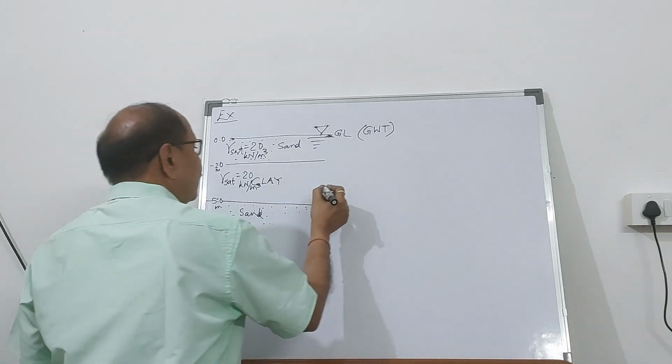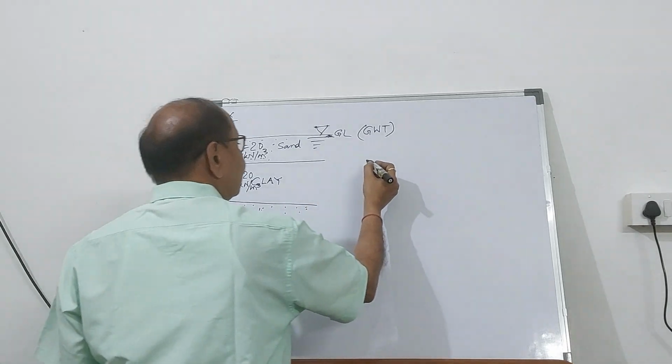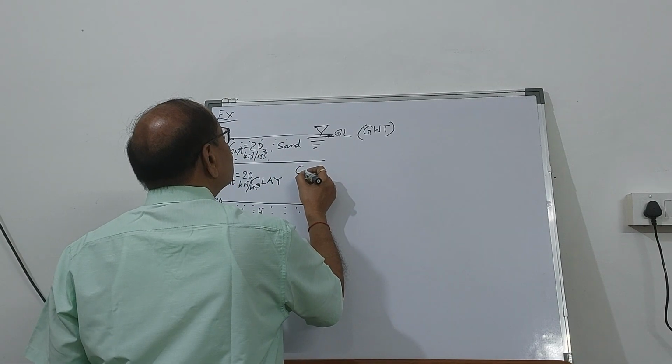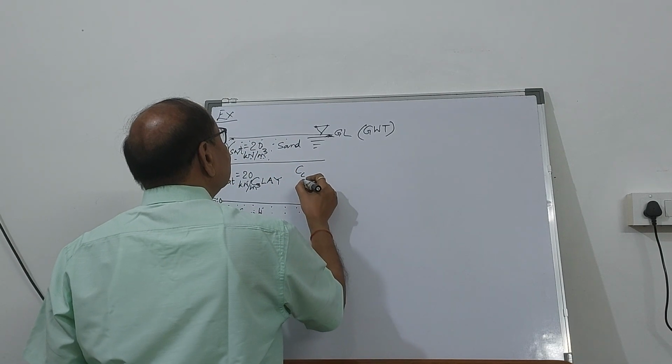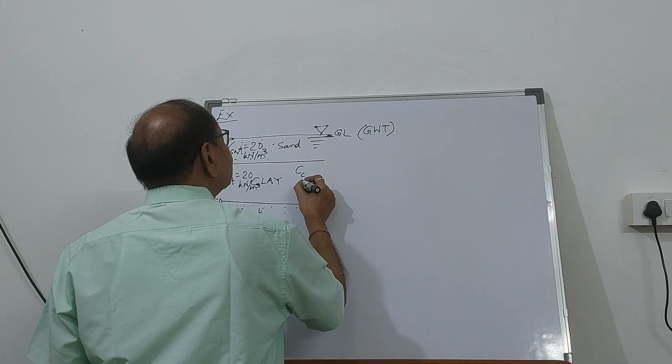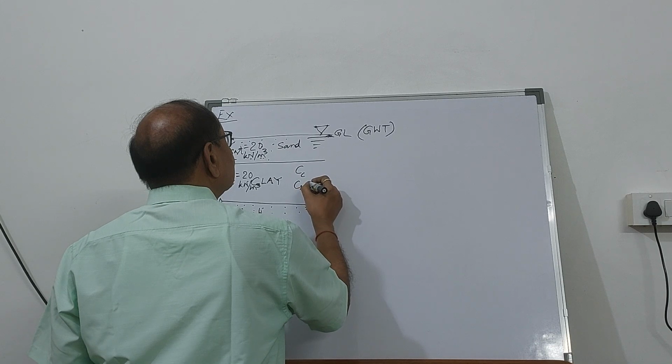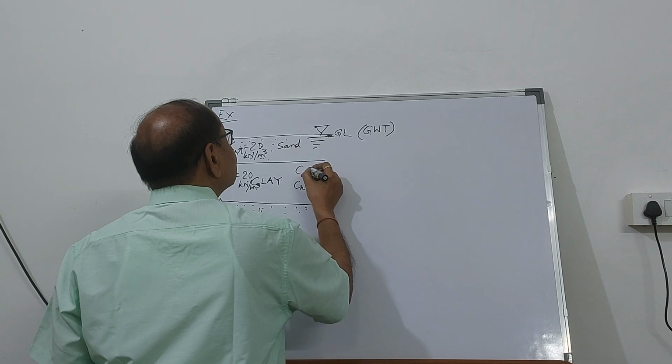From one-dimensional consolidation test, you have found out the value of Cc, and you also know the recompression index Cr.